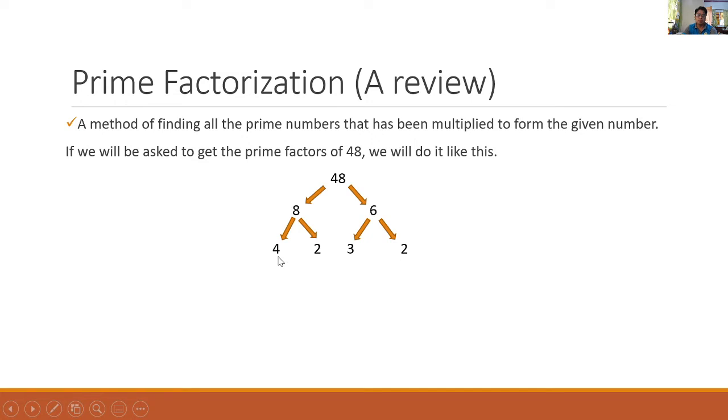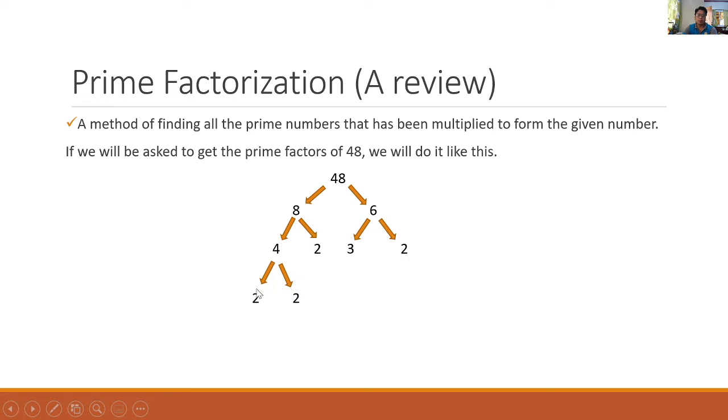It can be factored using 4 and 2. Yung 2, prime factor na 2 times 1, but 4, meron pa siyang 2 at saka 2. So if you notice, coming from 48, nag-branch out siya, papaliit, hanggang makuha natin yung dulong mga numbers na wala nang ibang factor kundi yung number mismo at yung 1.